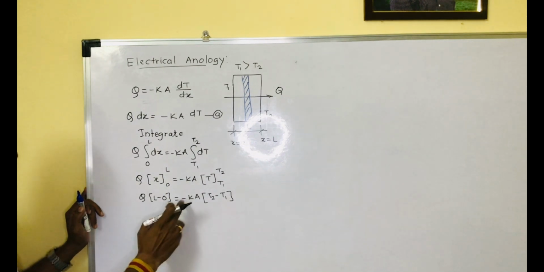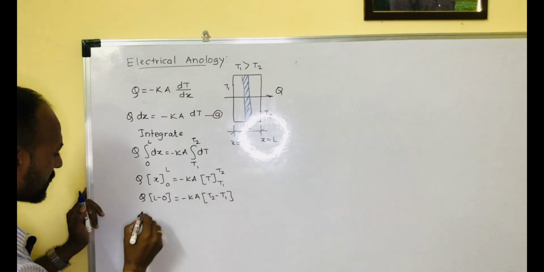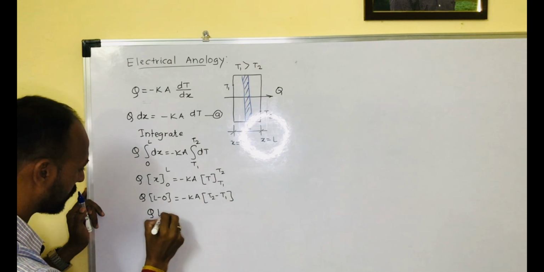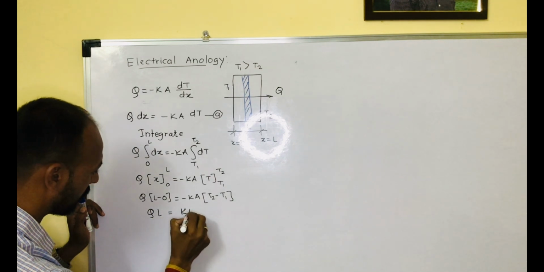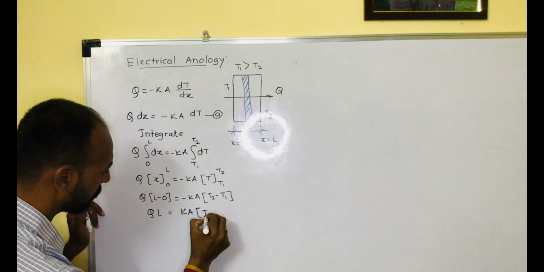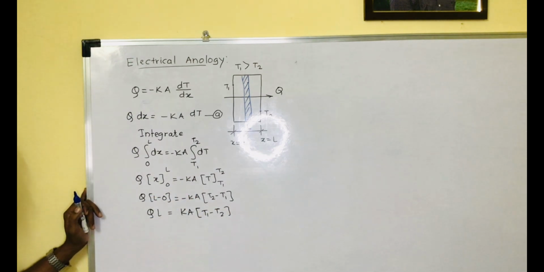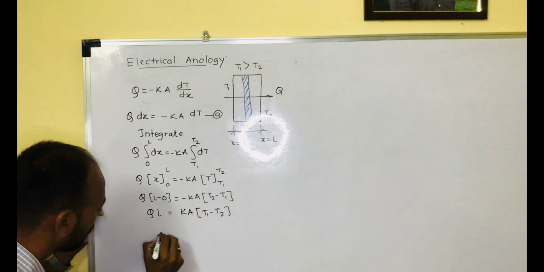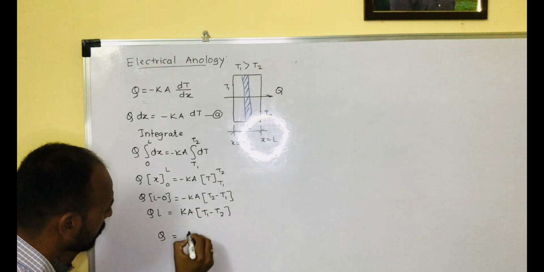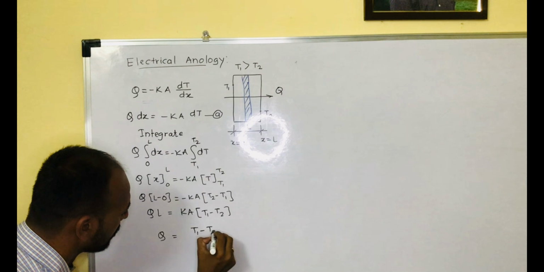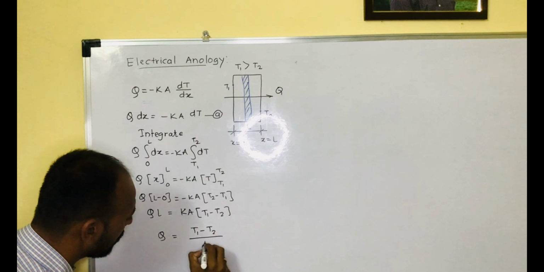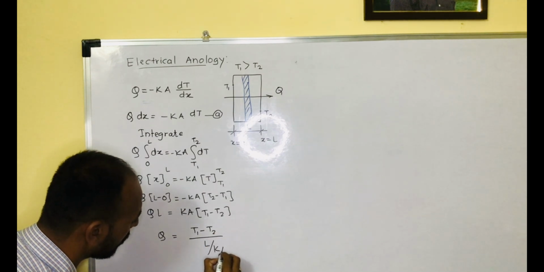Now multiply the negative sign inside the bracket: Q into L is equal to K into A into (T1 minus T2). On further simplification, Q is equal to (T1 minus T2) divided by L upon KA.